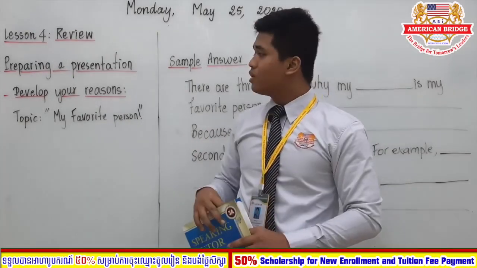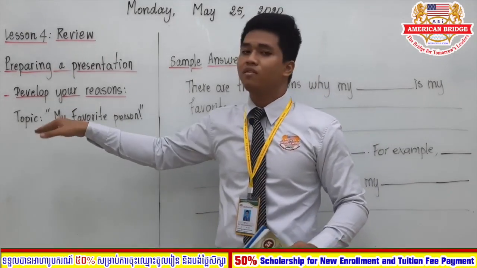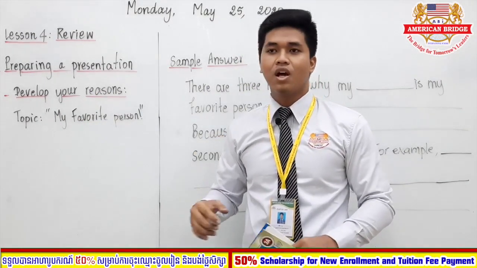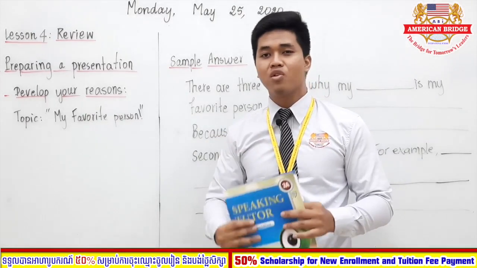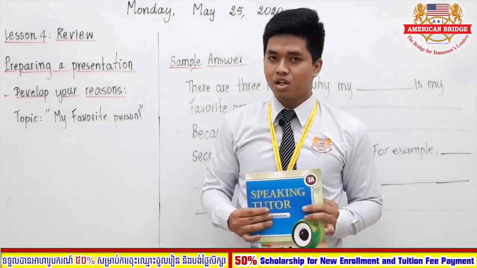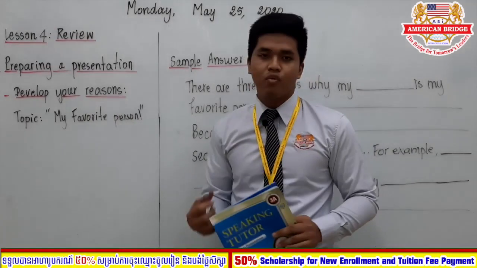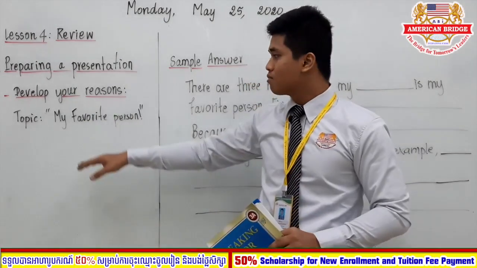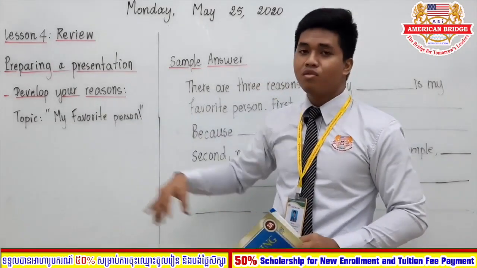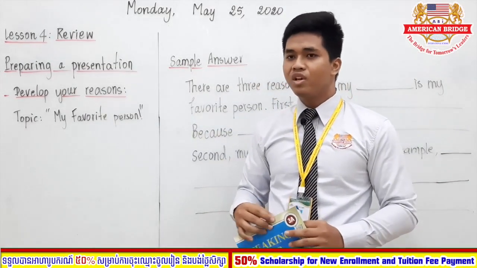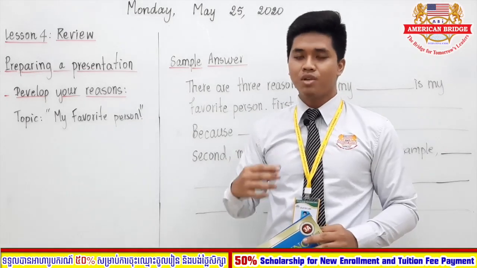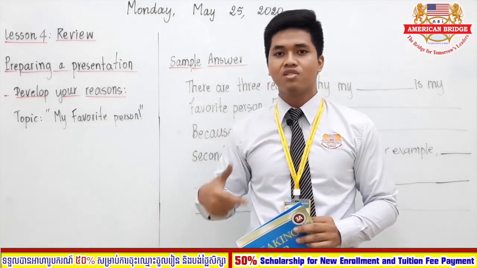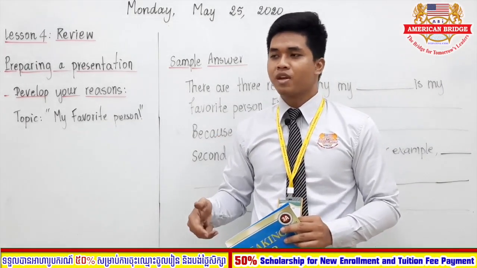Now everyone, in this video we are going to look at how you develop your reason, how you support your reason, and how you give more detail in order to make your idea much stronger. The topic we are going to use for this demonstration is my favorite person. As you remember, in this lesson we use some words to describe people, for example loyal, cheerful, considerate, depressed.